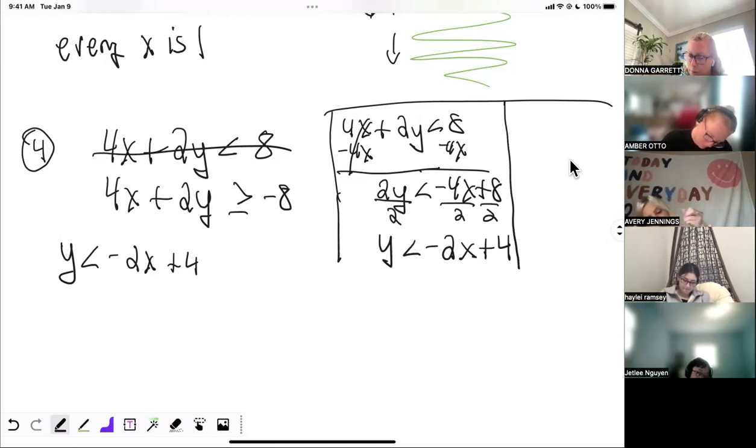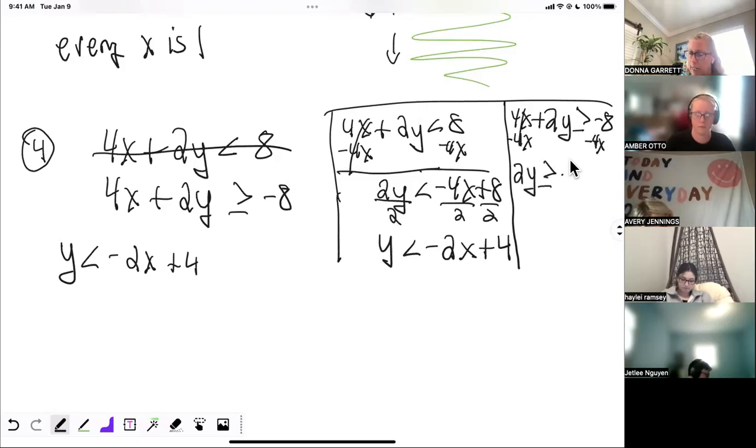Now we're going to do the second one. So 4x plus 2y is greater than or equal to -8. I need to solve for y, so I should subtract 4x on both sides of the inequality sign. 2y is greater than or equal to -4x minus 8. Again, I'm going to divide by 2, which is positive 2, so I do not flip my inequality signs.